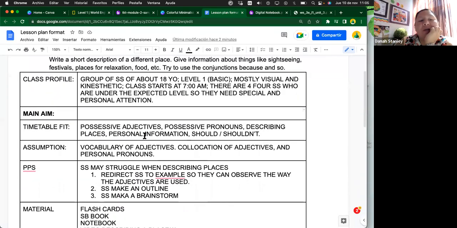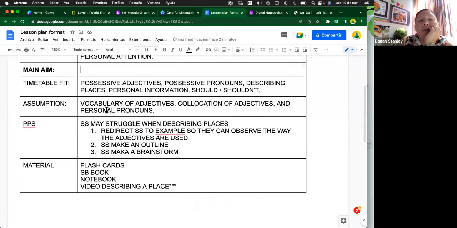For example, in here, bueno, if you detected this and you are giving the possible solution, if you are going to use something special, pues include it. Have it prepared in case you need it, because probably you are foreseeing this problem.